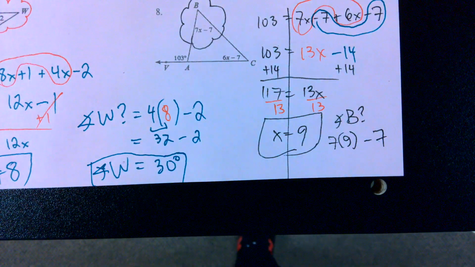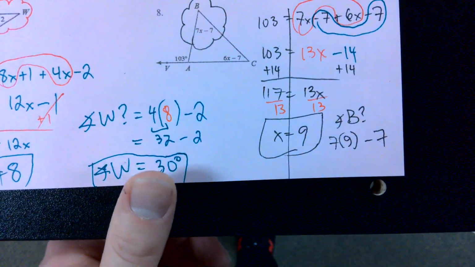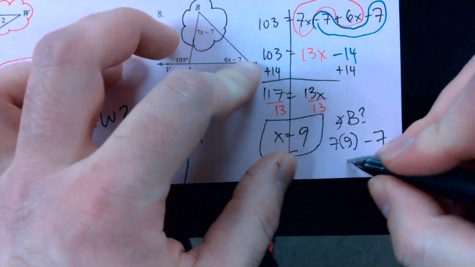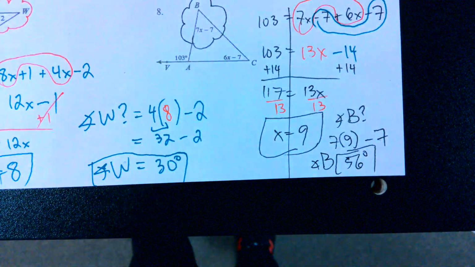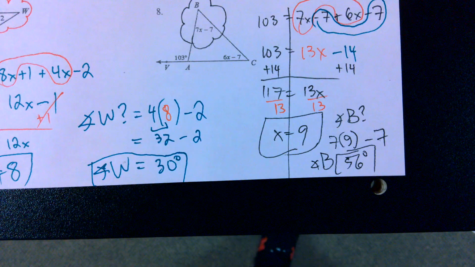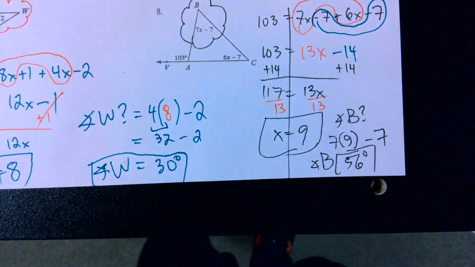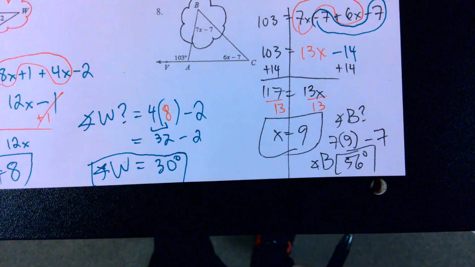And that gives me what? 56, I think? 63 minus 7, 56 degrees for angle B. Again, that wasn't part of the problem on this worksheet, but it will be part of the test tomorrow. Definitely make sure you know how to plug in a value of x and simplify.